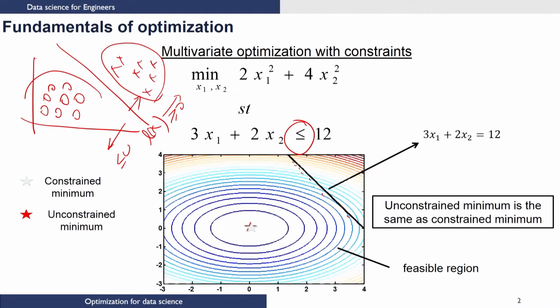Now if you look at this and say this less than or equal to 12 can be rewritten as 3x1 plus 2x2 minus 12 less than or equal to 0, and remember that this is of the form n transpose x plus b less than or equal to 0. So it is going to be one half space depending on how n is defined. In this case it will turn out that this is the half space that is represented by this equation.